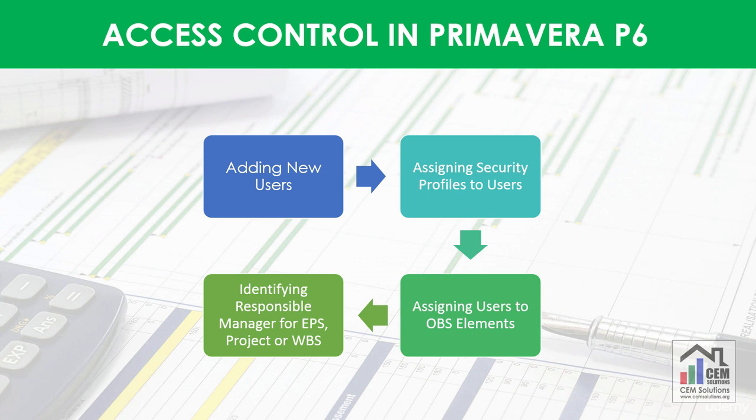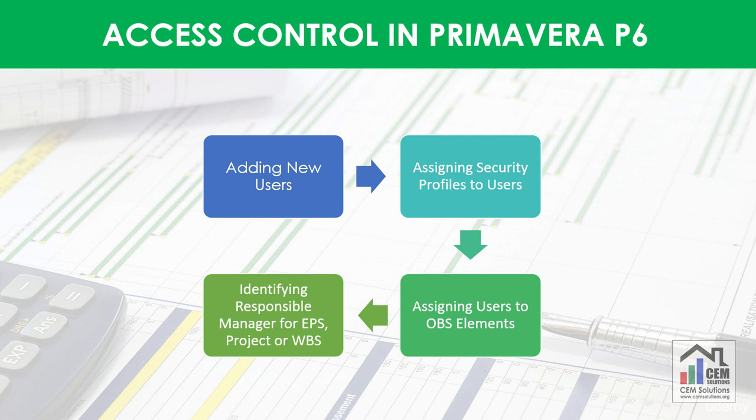Now you can assign OBS elements to EPS, project or WBS to specify which particular projects or WBS components they can work on with specified privileges. Primavera P6 uses the term responsible manager for a person who is assigned to EPS, project or WBS.